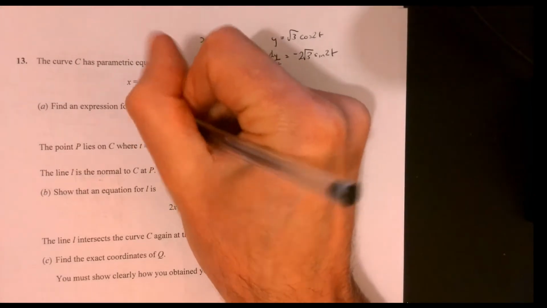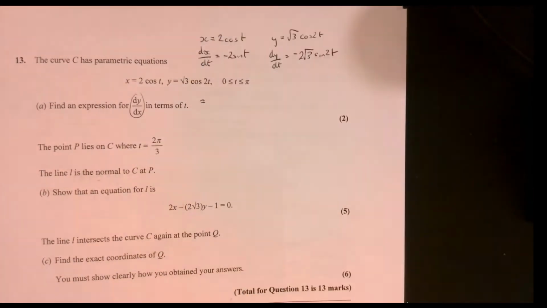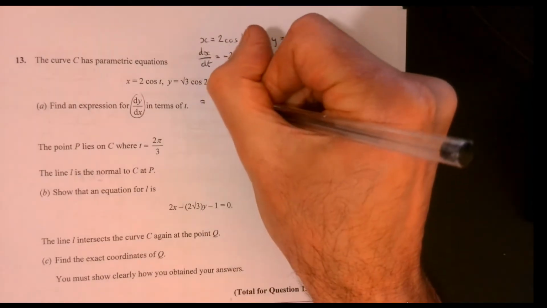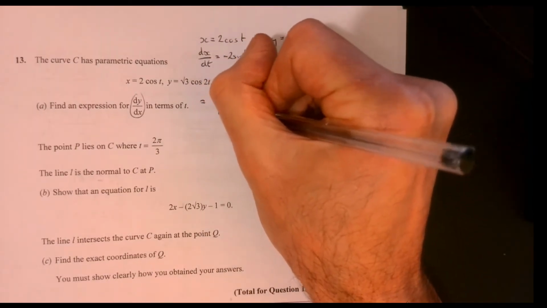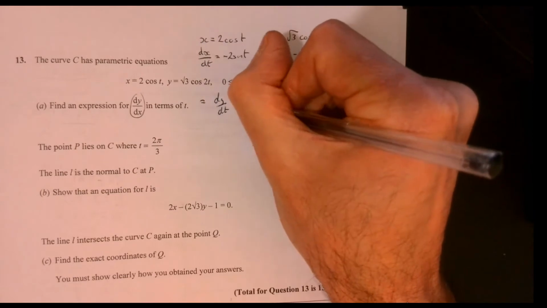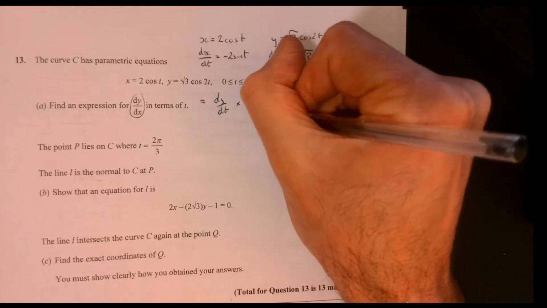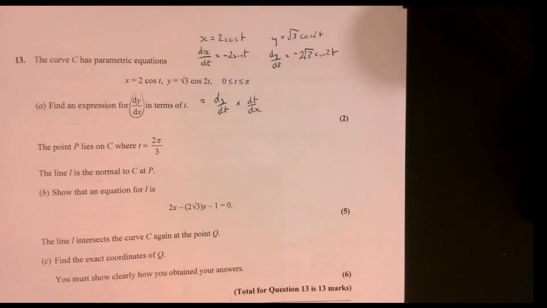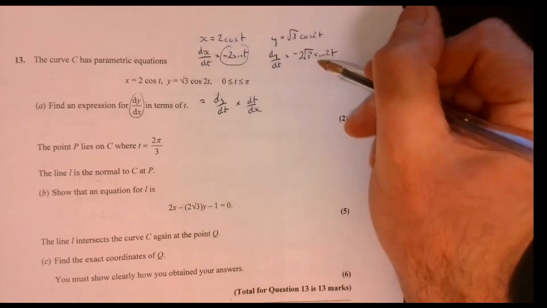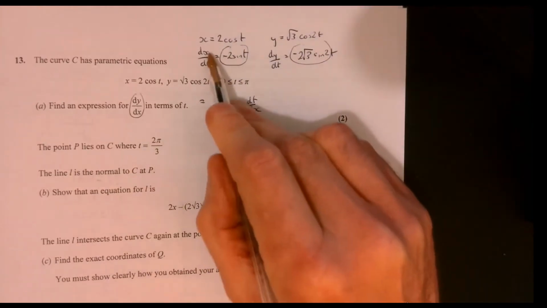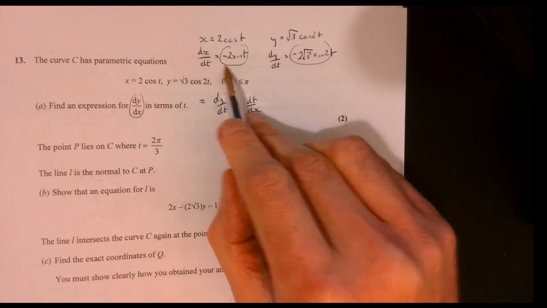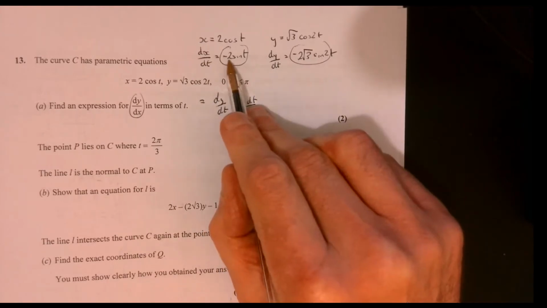So we want dy over dx. So dy over dx will be equal to dy over dt multiplied by dt over dx. So if I just piece these two together, yes, that's dx over dt, so be careful there. So dt over dx is 1 over this.